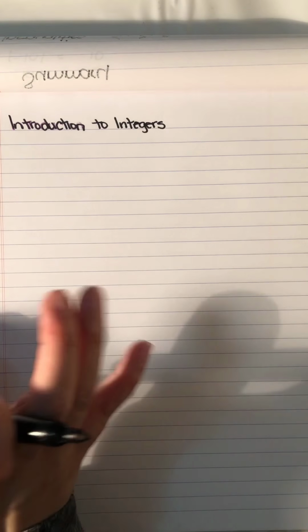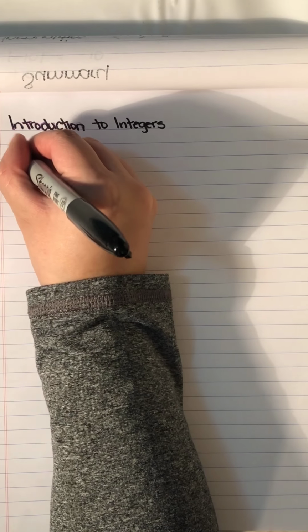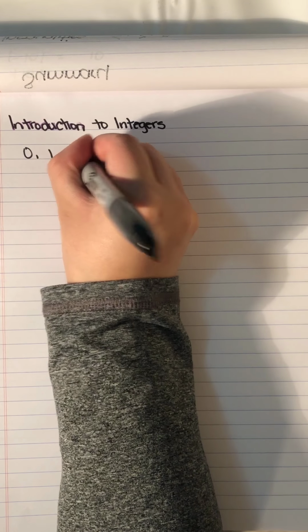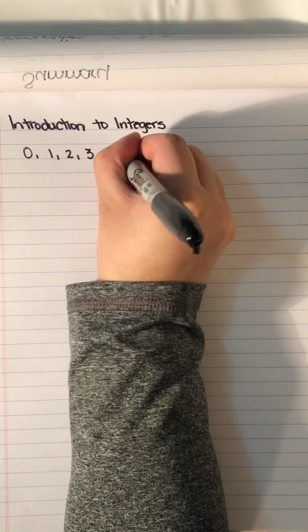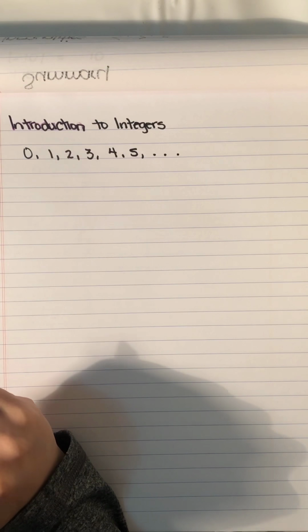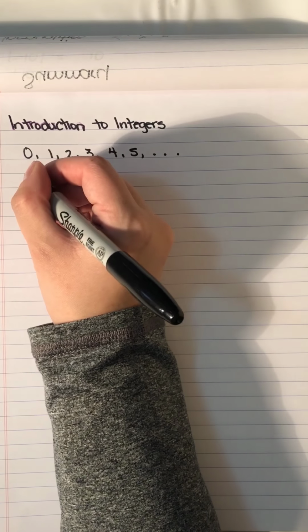Now I'm just going to write down some of the whole and natural numbers that we naturally think of when we think about math, or when we go ahead in our everyday life and look at how much is something, what's the price of something, how much do I have in my checking account.